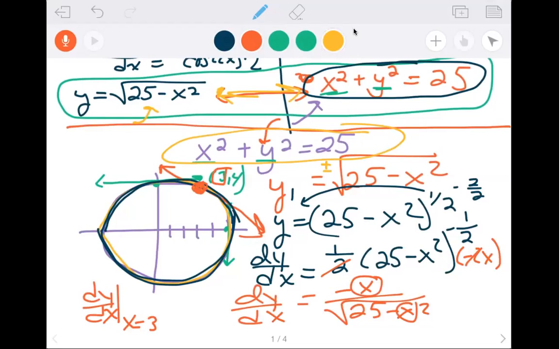So I just put an easy circle up here, but most of the time, when we have these implicitly defined functions with the x's and the y's mixed, we're not going to be able to solve it for y. So again, when I plug my x in of 3, I'd get negative 3 over, I'd have 25 minus 9 because I'd be squaring that negative 3, square root of 16 or 4. What it means is the slope of the tangent line at (3, 4) is negative 3/4.